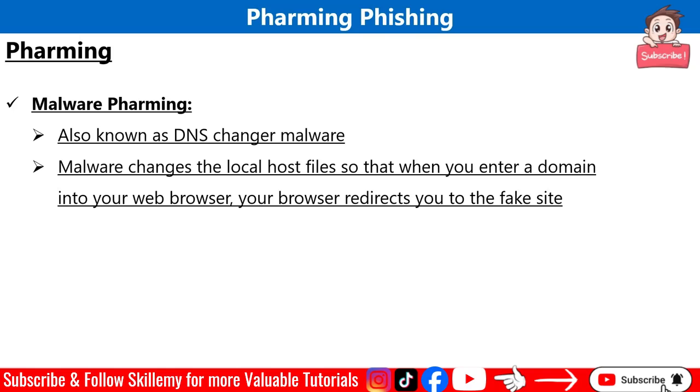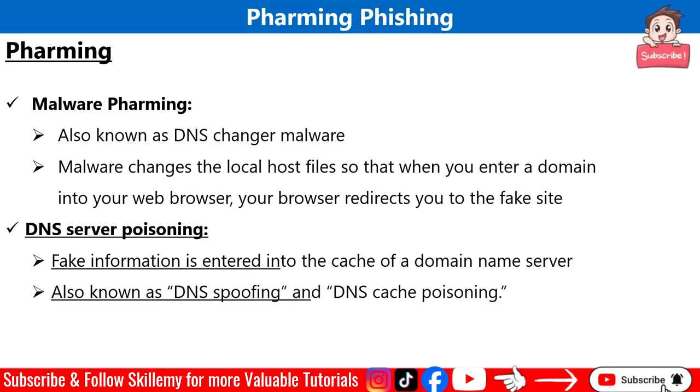The fake website usually looks like the real one, so victims normally don't suspect that something is not right. The malware may be programmed to redirect several different websites, so any computer with this malware is extremely dangerous to use. Next one is DNS server poisoning.